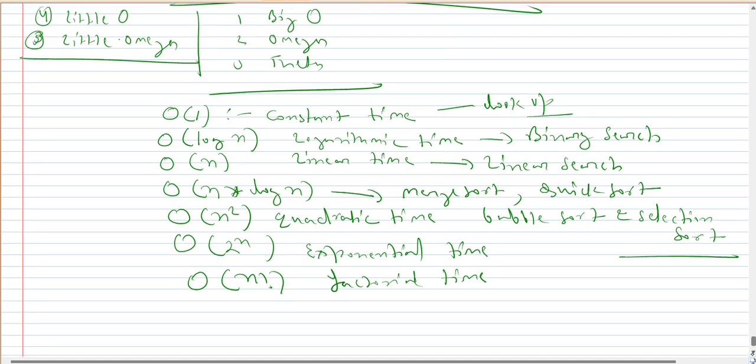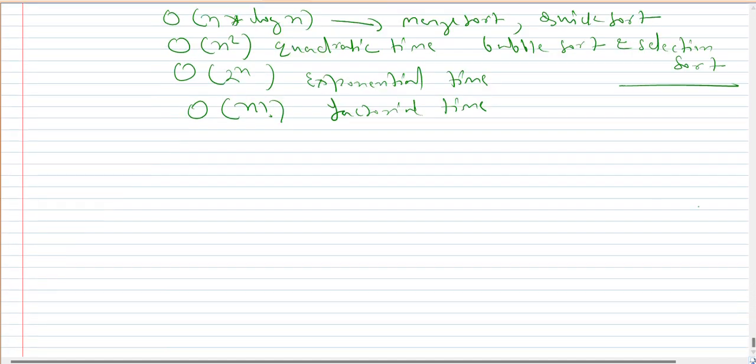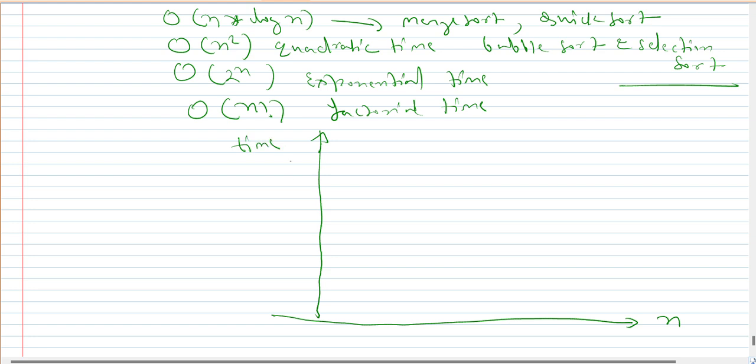Now if I draw a graph of the above complexities, in the x-axis I take the input n, and in the y-axis I take time. Our constant time goes like this, this is O(1). Our logarithmic time, log n, will be slightly like this.